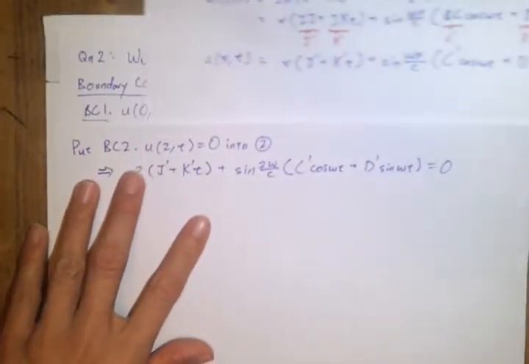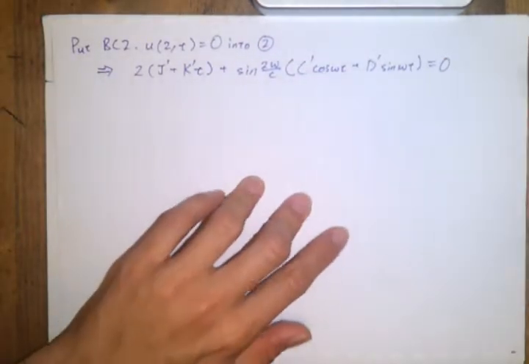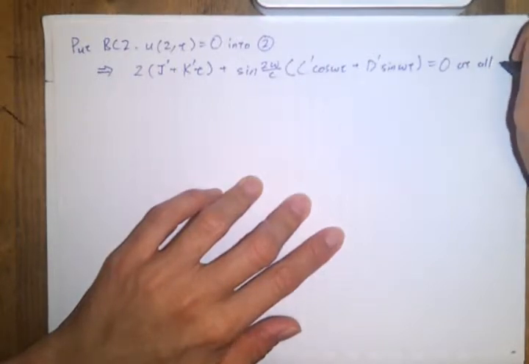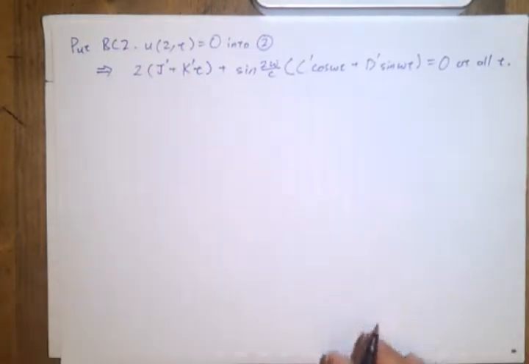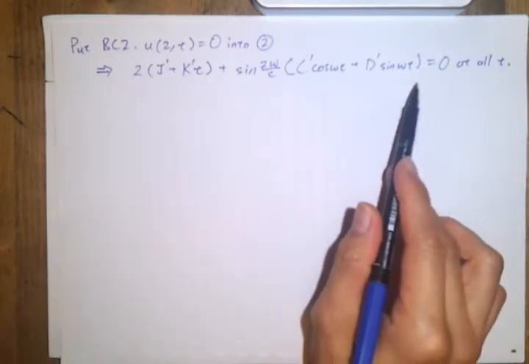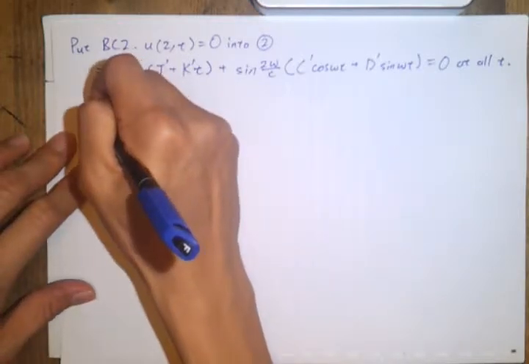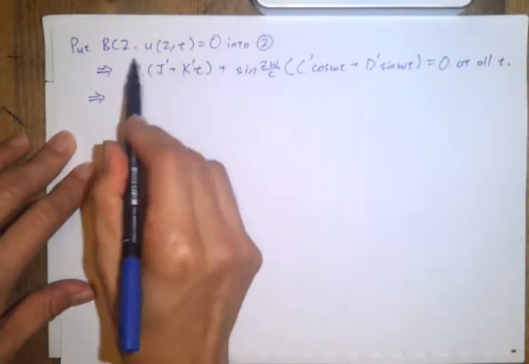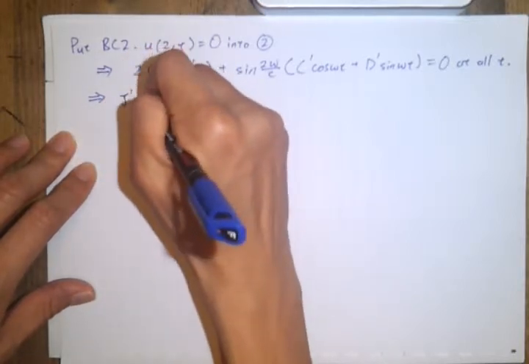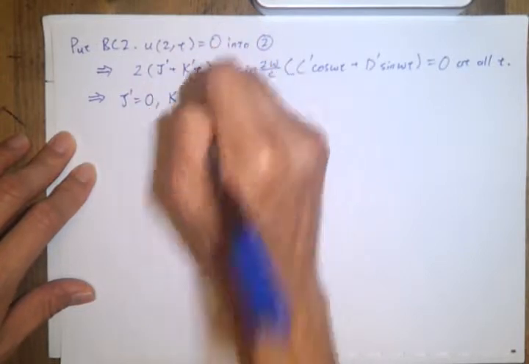Now same thing, this has to be equal to 0 at all values of t. So how do you make the left hand side here equal to 0 at all values of t? You can see, to make this term equal to 0, you need your j prime to be 0 and you need your k prime to be 0.